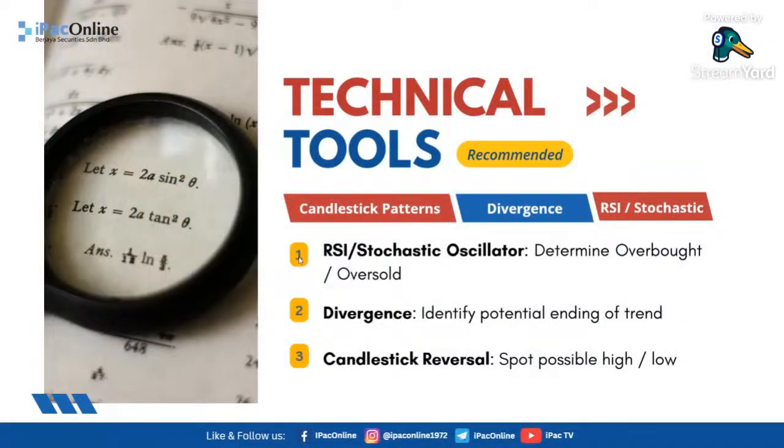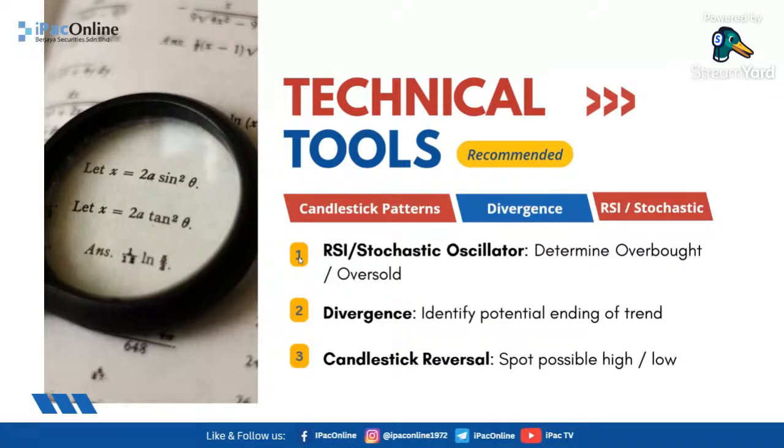To answer these questions, a few technical tools that I would recommend: if we want to understand whether it's overbought or oversold, oscillators like RSI and stochastics are definitely something to look into.